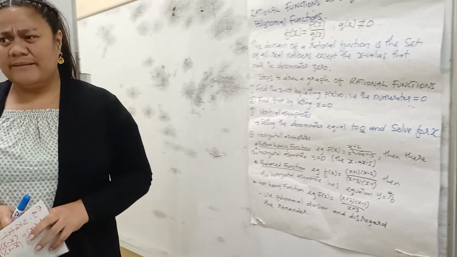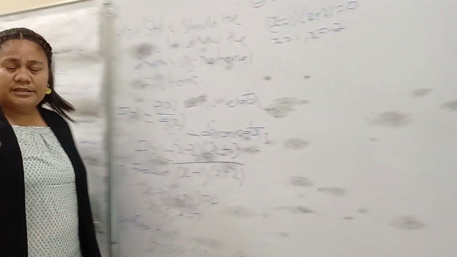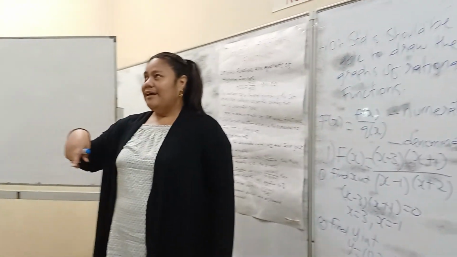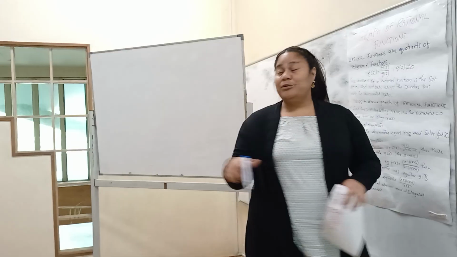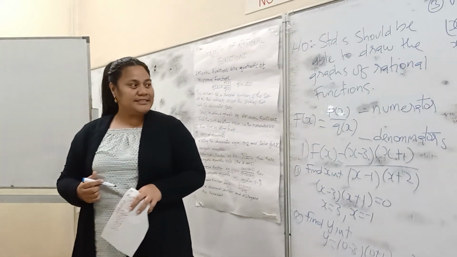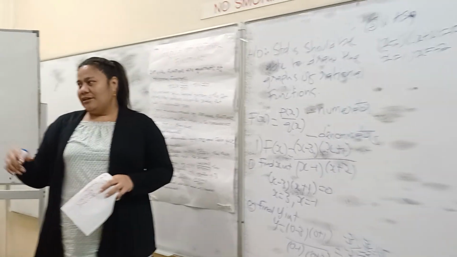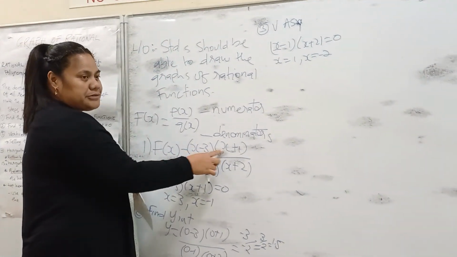Is that clear? The degree means the power, the exponent, I mean the degree of the variable. The variable is any letter that represents the missing number. Okay? So this one is a variable.